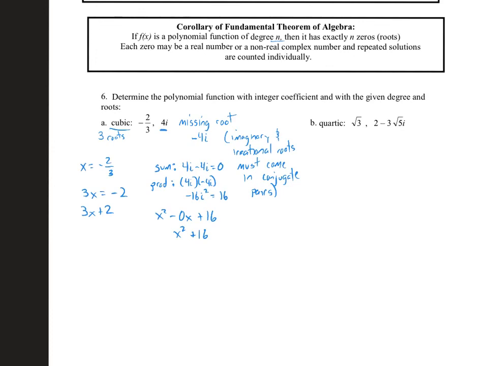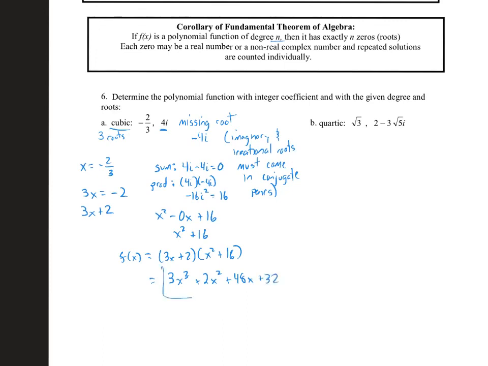So we have a cubic, we'll call it f of x, is going to be 3x plus 2 times x squared plus 16. And really the last step here would be to FOIL that out, which you would get 3x to the third, not 3x squared, sorry, plus 2x squared plus 48x plus 32.